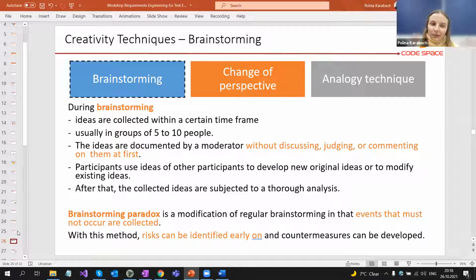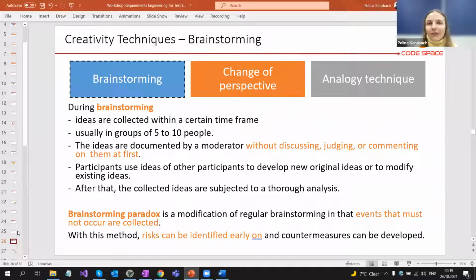And then after we finish with this, it's called the divergence phase, we would then start to converge a little, to narrow down the ideas, analyze them afterwards and select what are the diamonds that we've generated today.